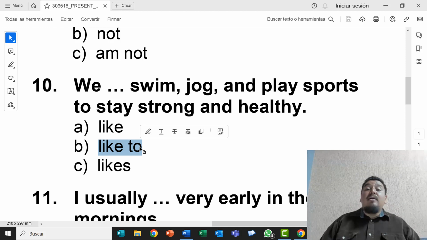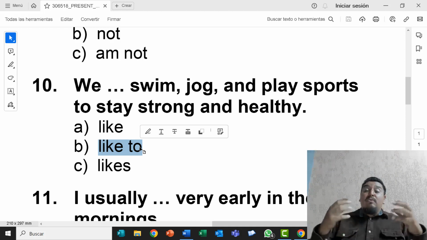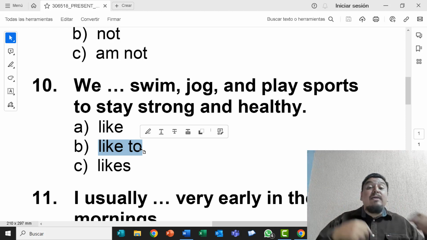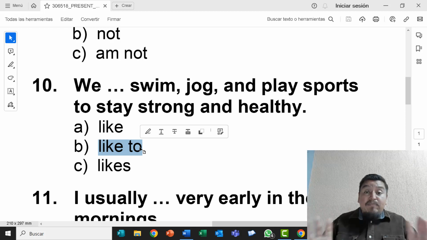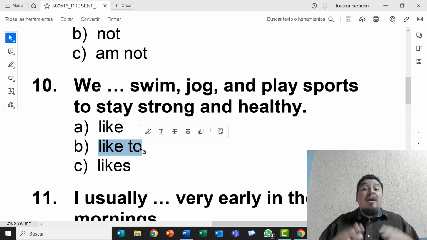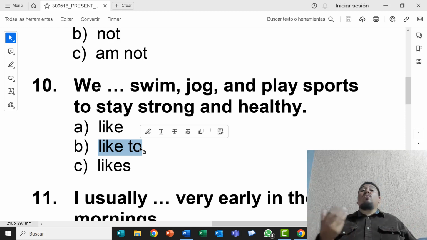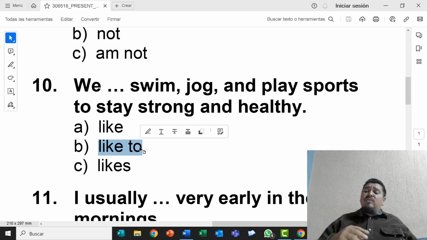So the correct way when you use like to and you are going to use another verb is, or using the infinitive form, me gusta jugar, I like to play, or you're able to use a gerund, I like playing, me gusta jugar. En lugar de que uses el infinitivo to, puedes usar el gerundio, ¿vale?